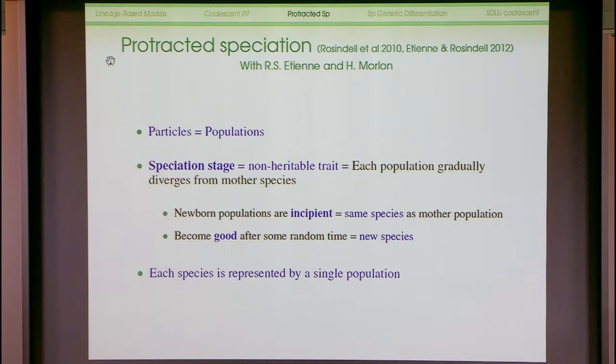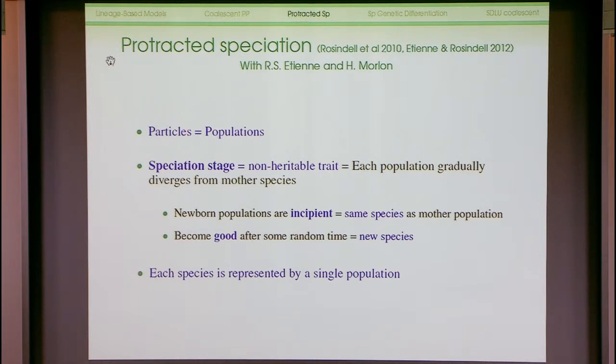Here the particles are not species any longer. They are not individuals yet, but they are populations. The idea is to take into account the fact that a species is made up of populations, it's not one single panmictic population, and that these populations may give rise to new populations. It's also supposed to acknowledge the fact that speciation takes time.